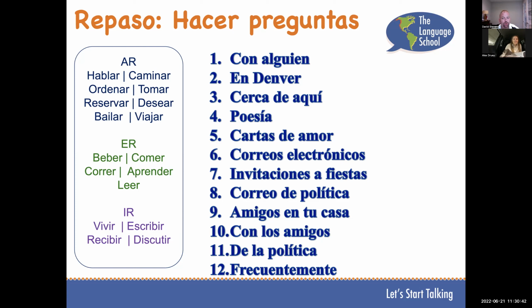Sí, recibo correos electrónicos. ¿Recibes invitaciones a fiestas? Sí, recibo invitaciones a fiestas. Invitaciones. ¿Lees correo de política? Sí, leo correo de política. Bien.